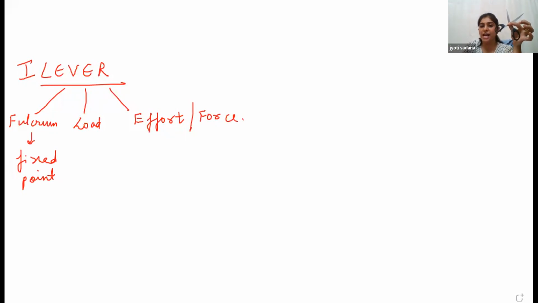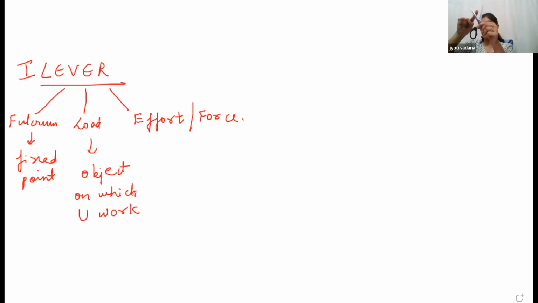So all are correct that we need to put the paper on the top side, means between these edges of the scissors. Okay, so here will be the load. Load is what? The object on which you have to work. That is the load.